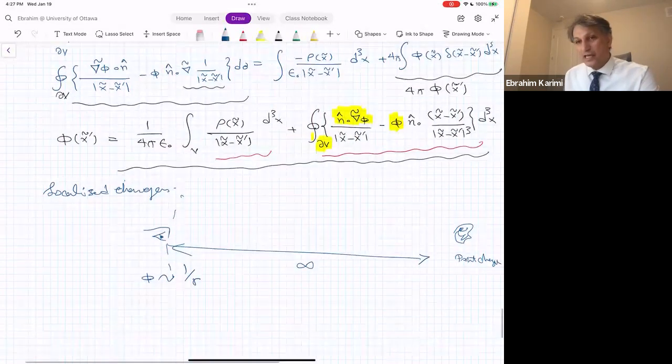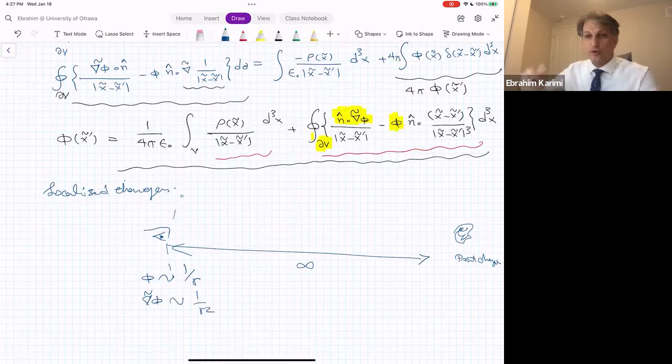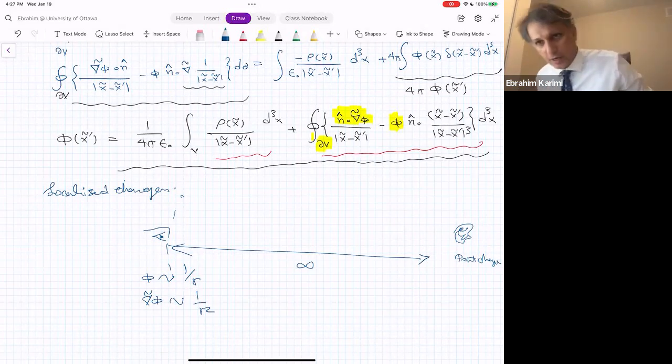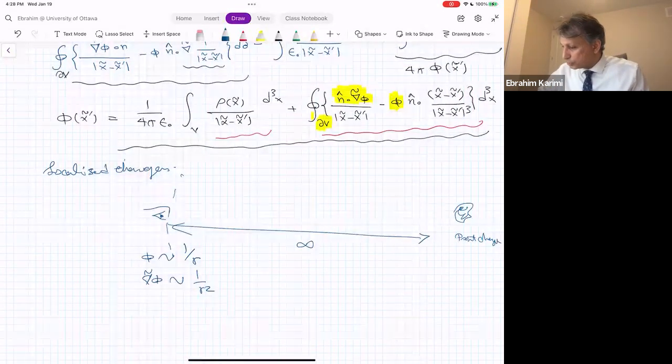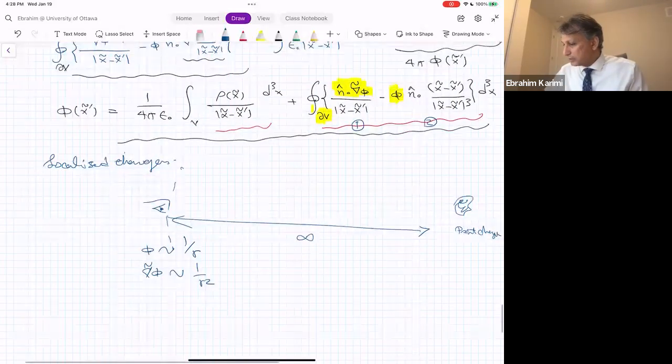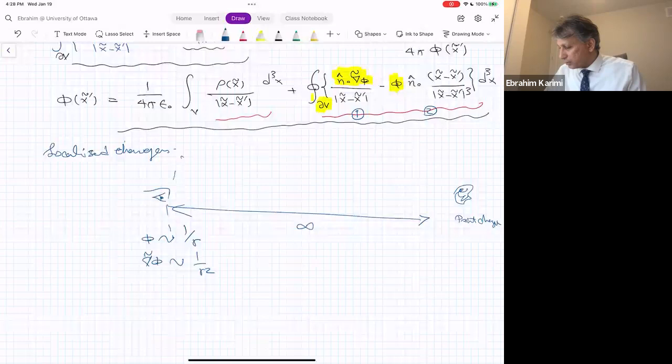And also the electric field, which is the gradient of phi, will go with 1 divided by r squared, of course, with a negative sign. I don't care about the sign. So it's 1 divided by r squared. So therefore, if I look at term number 1 and term number 2, the first one goes to be 1 divided by r squared.